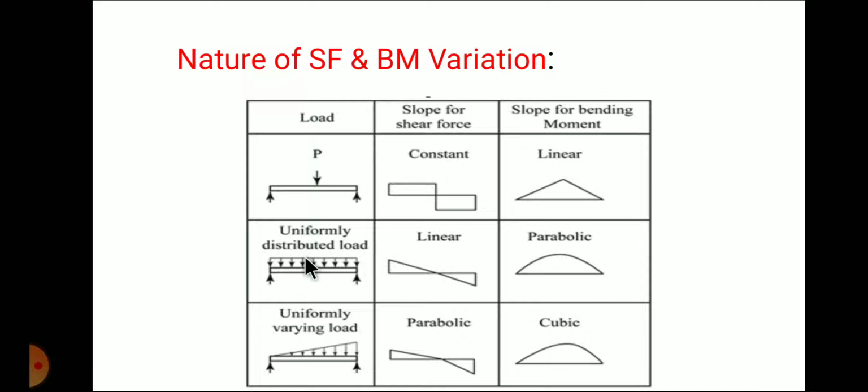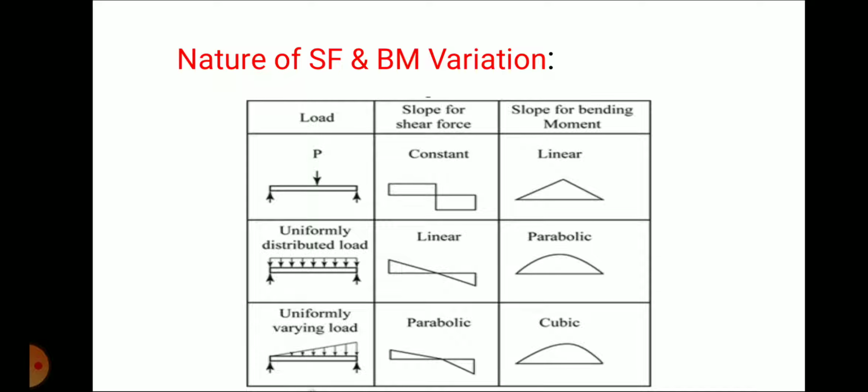While drawing the bending moment diagram, you always need to draw a linear variation when it is subjected to a point load. If the loading is a uniformly distributed load, where the load is distributed uniformly throughout the section, at that time the shear force variation will be linear, whereas for bending moment the variation will be parabolic.